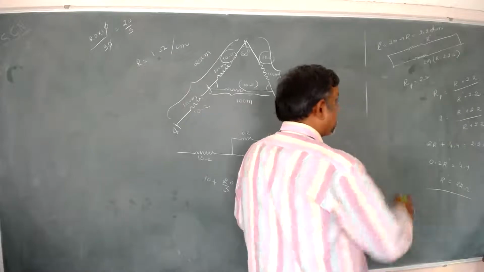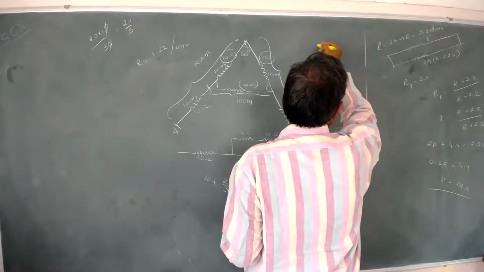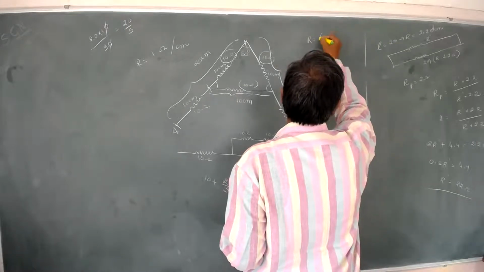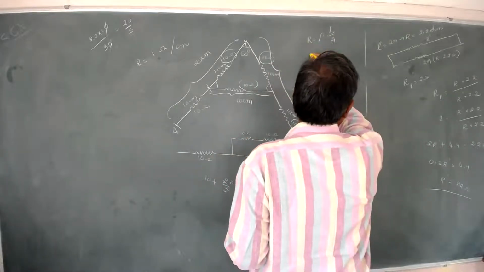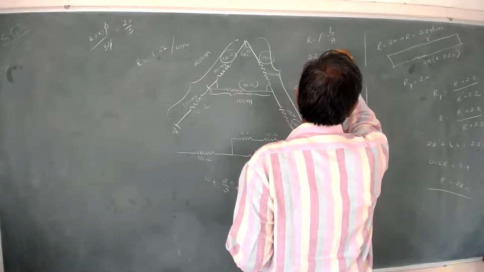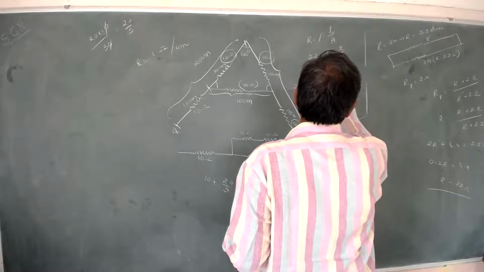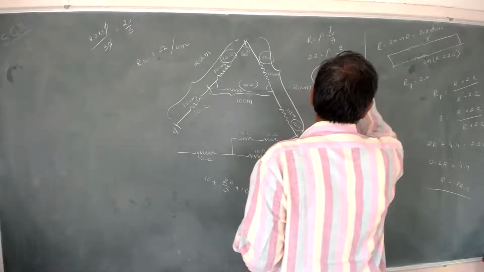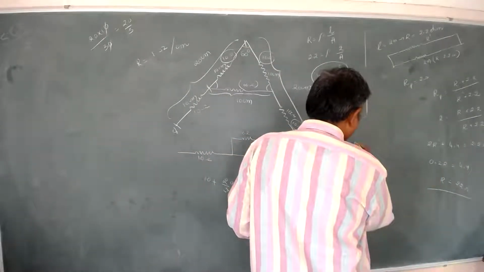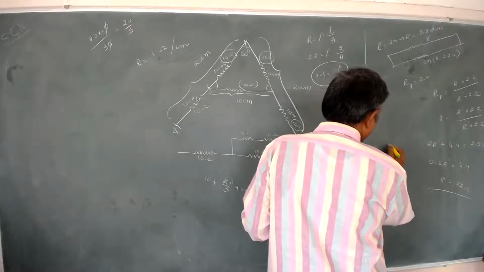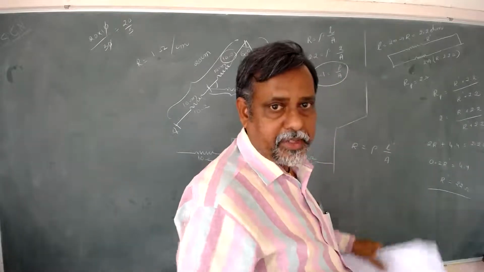Now, the length of this wire you need to find out. For the first wire, R is equal to rho into L by A. So 2.2 is equal to rho into 2 by A, so 1.1 is equal to rho by A. Now, in the second case, R dash is rho into L dash by A only, the same way, but the length is different.